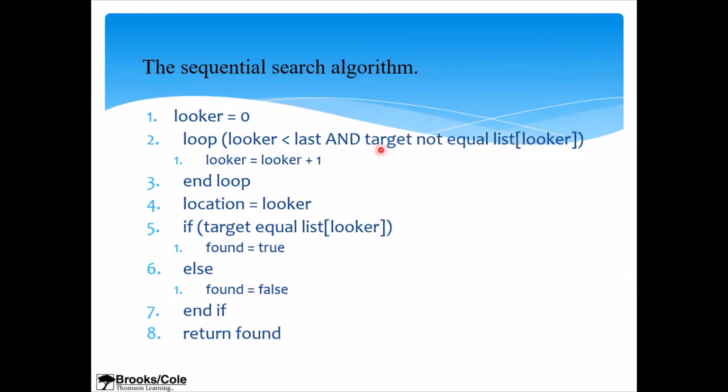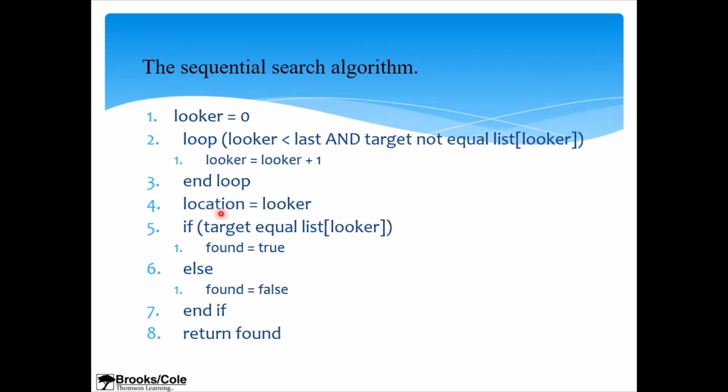Looker equals looker plus 1, meaning if the target is not found, we need to increment the position or the index value. Then once we get the index value of the target, we can assign it to another variable.